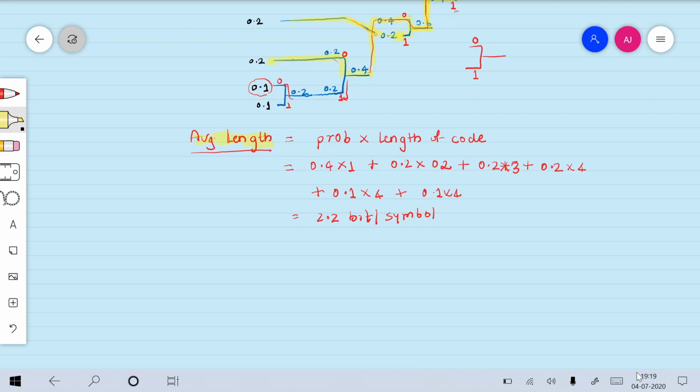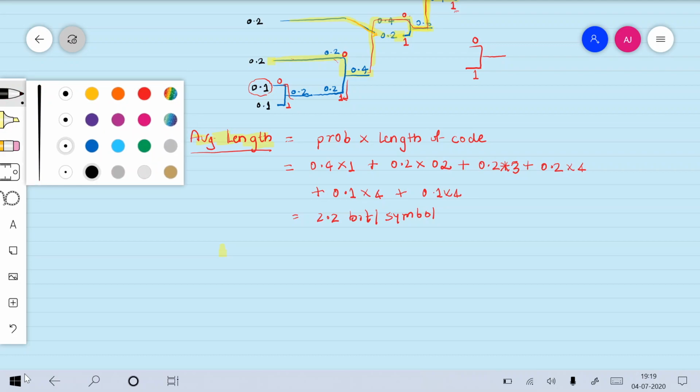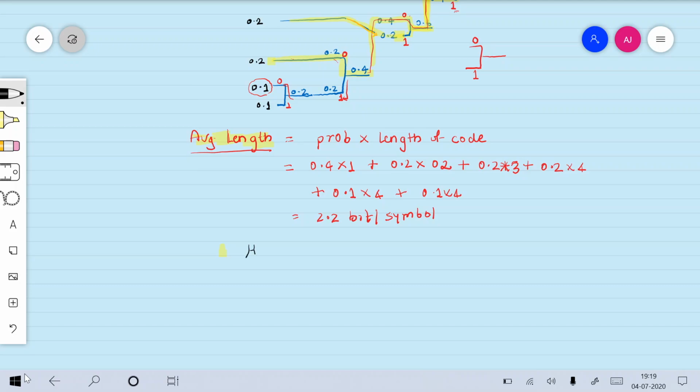It is always denoted by H of S, and then you will write down a formula.